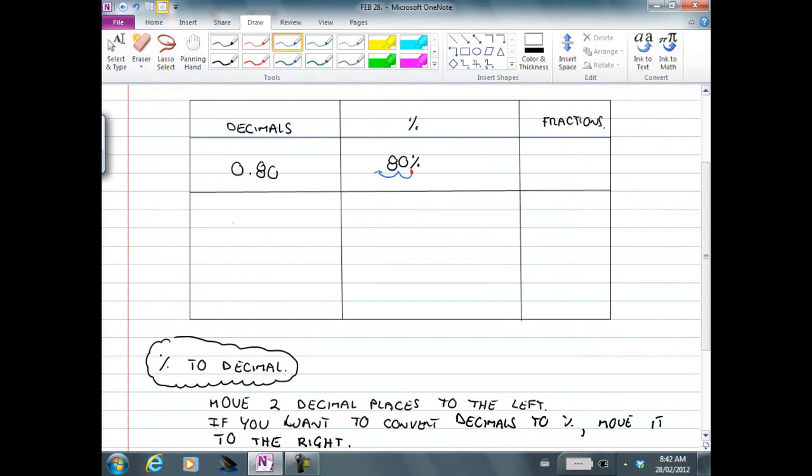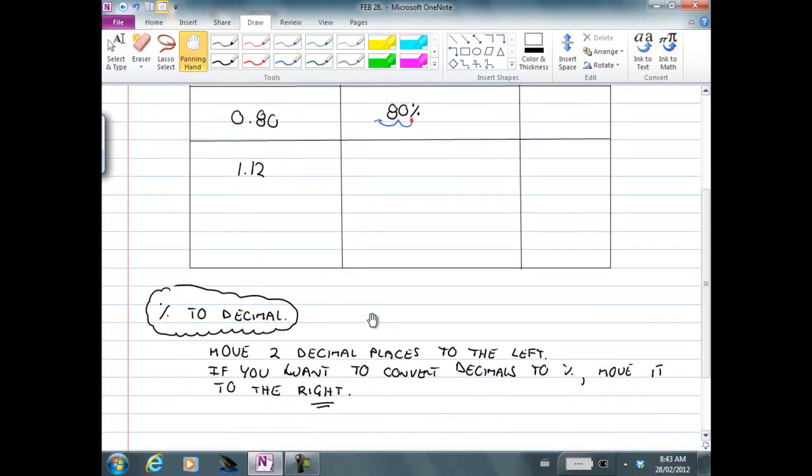What if on the exam, one person here got 1.12? They go home to their mom and say, Mom, I got 1.12 as a decimal on my exam. Did this person do really well or really poorly? Good luck. See, I'm going from decimals to percent. If you want to go from decimals to percent, move it to the right.